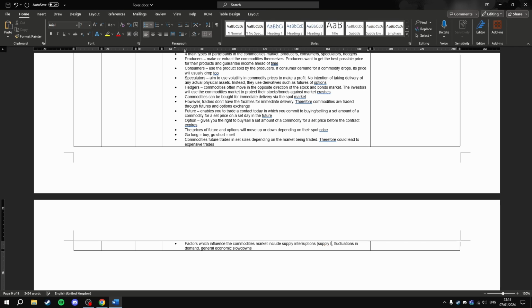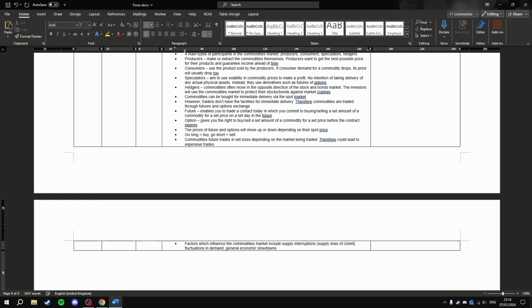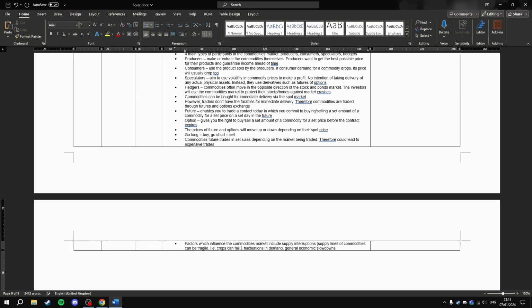Supply lines of commodities can be fragile. Crops can fail. Miners can go on strike.